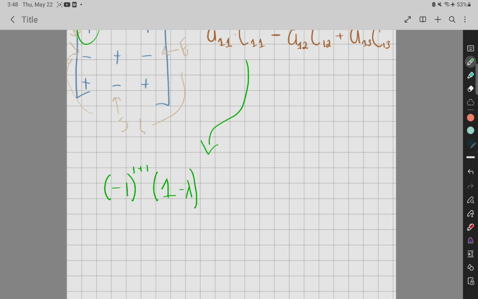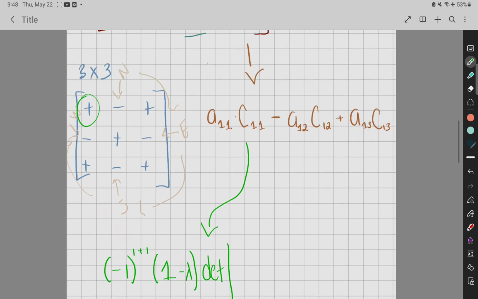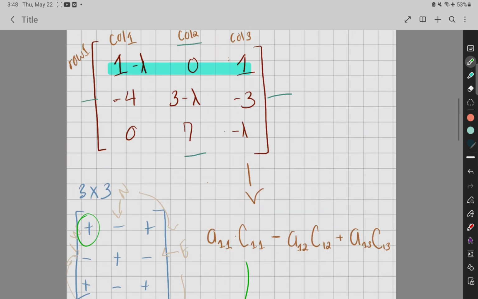1 minus lambda times the determinant of, so now this is C row 1, column 1, right? So row 1, column 1, we're deleting that. And so let's see, what do we have left?